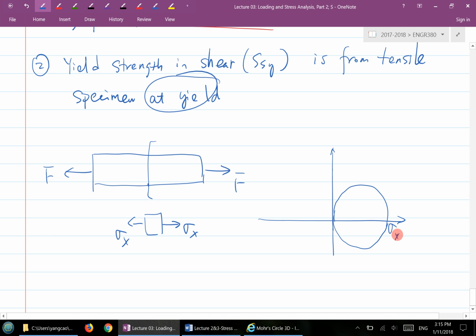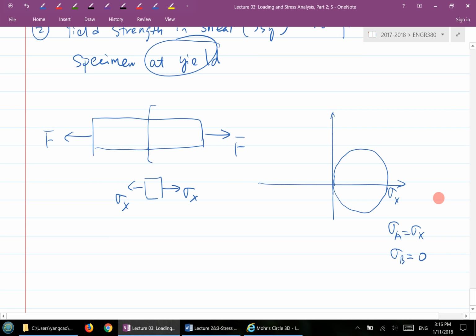Based on this Mohr circle and this state of stress, it's very clear that your sigma A equals sigma x, and your sigma B equals 0. Now if you put this state of stress in 3D, what's sigma 1? Is this, right? And then what's sigma 2? What's sigma 3?